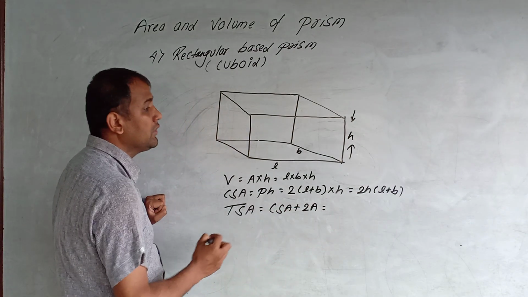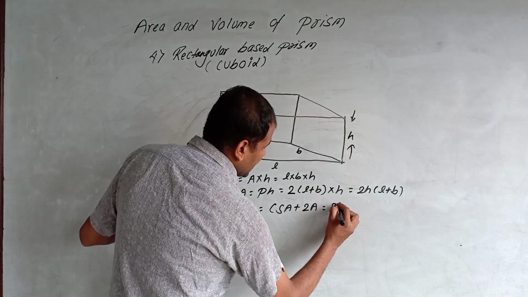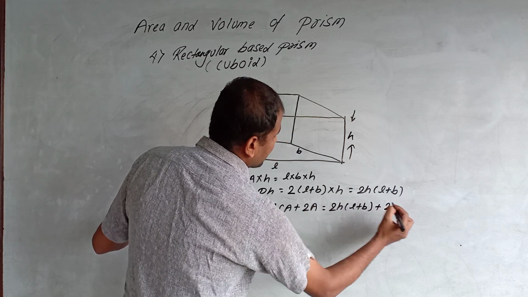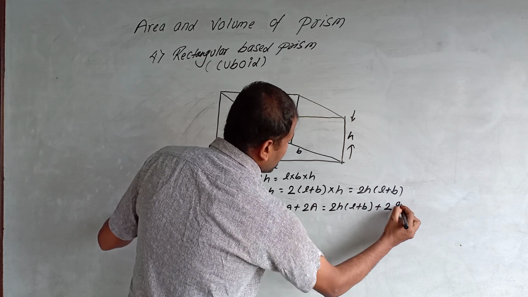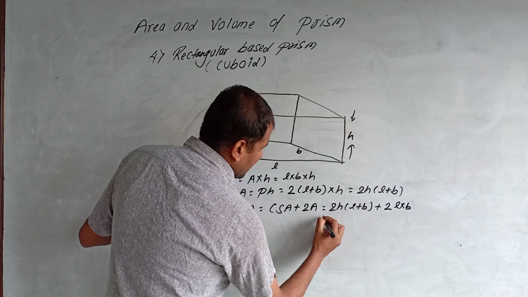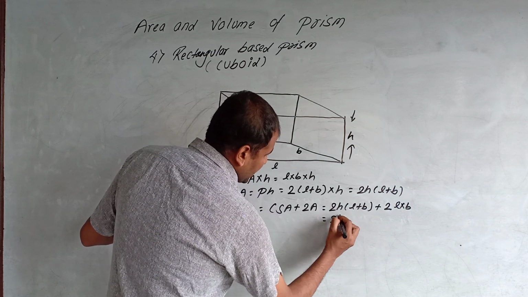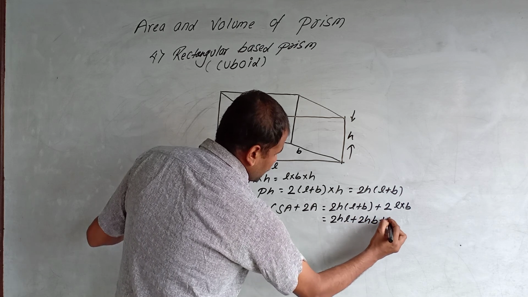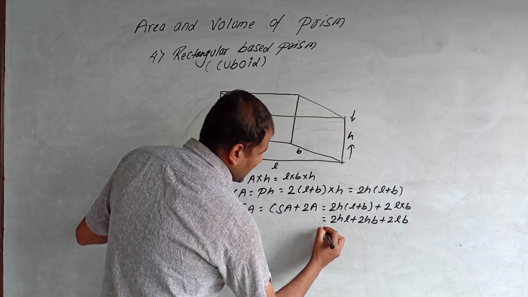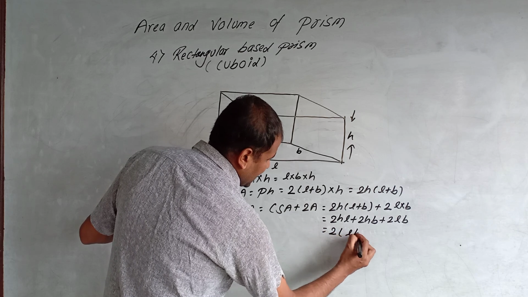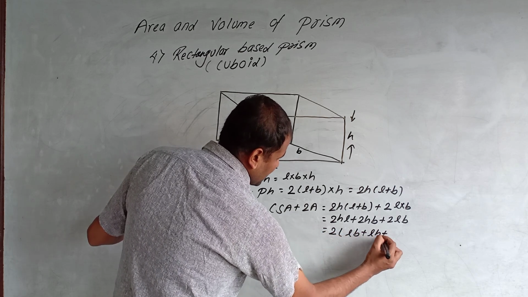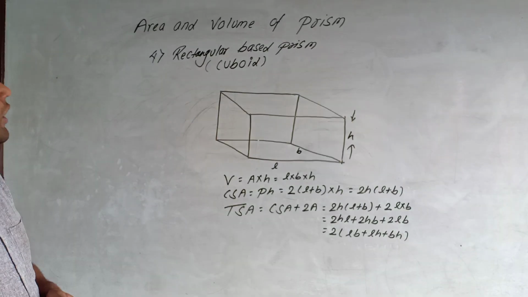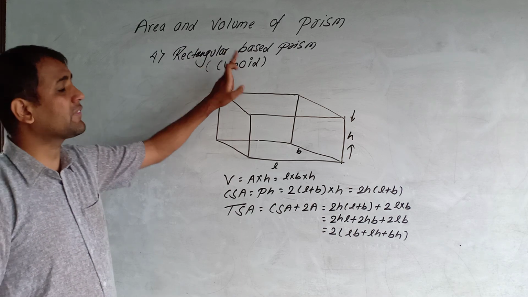That is 2H into L plus B plus 2 times LB. By solving this, 2HL plus 2HB plus 2LB, by taking 2 common, 2 bracket LB plus LH plus BH is the total surface area of rectangular based prism.